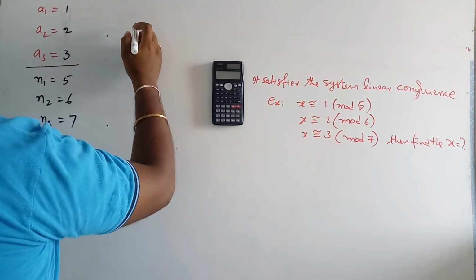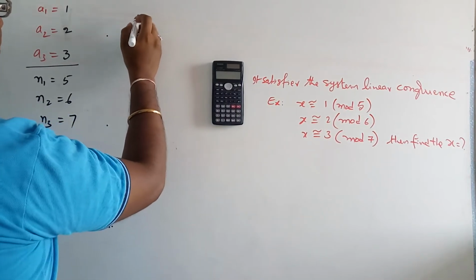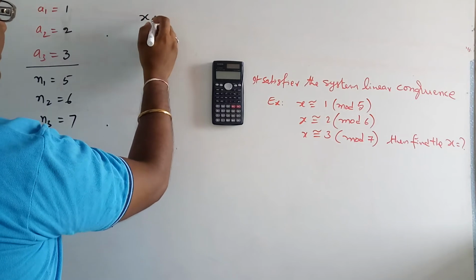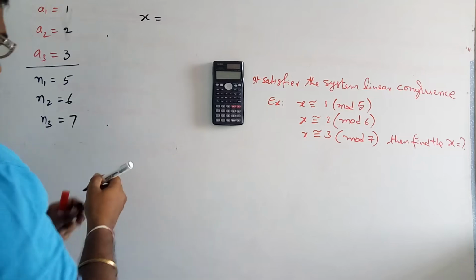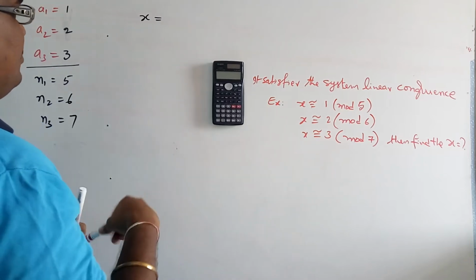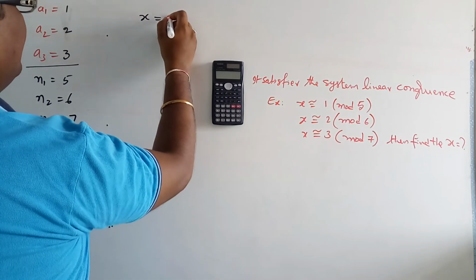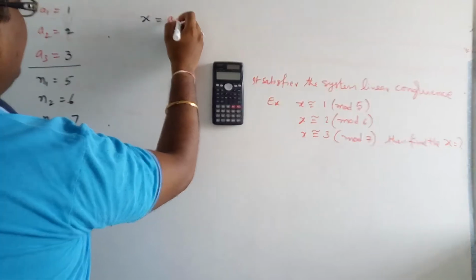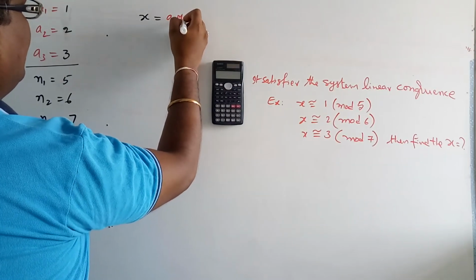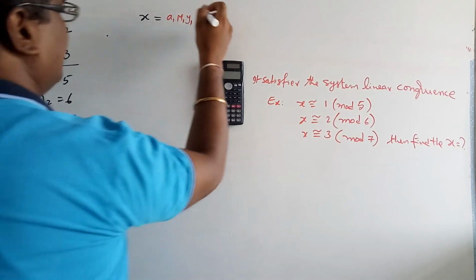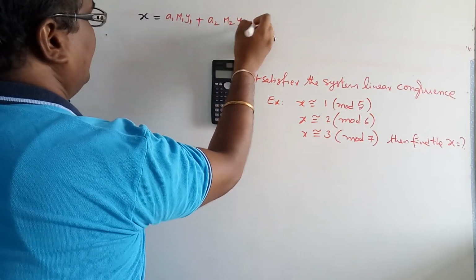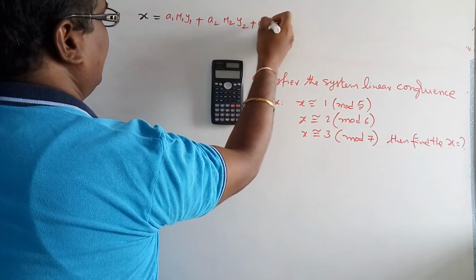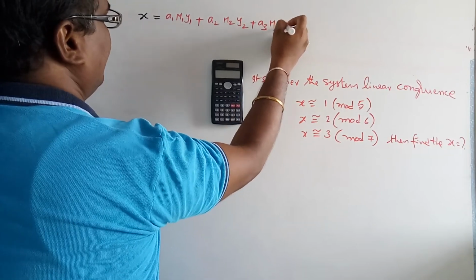What is the Chinese remainder theorem? How do we find the x value? With the help of this formula: x is equal to A1 M1 Y1 plus A2 M2 Y2 plus A3 M3 Y3.